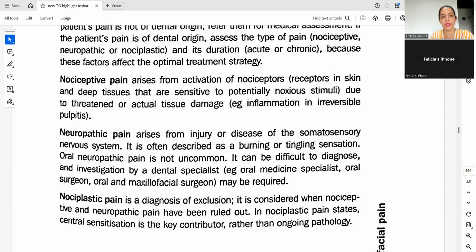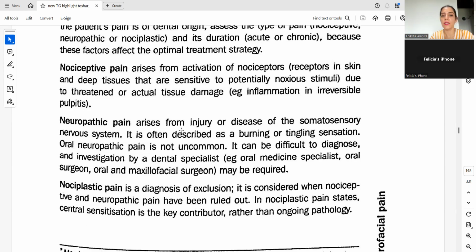Then we have neuropathic pain. It arises from injury or disease of the somatosensory nervous system. So we have this somatosensory nervous system, where somato means the body tissues and sensory is the sensory system.